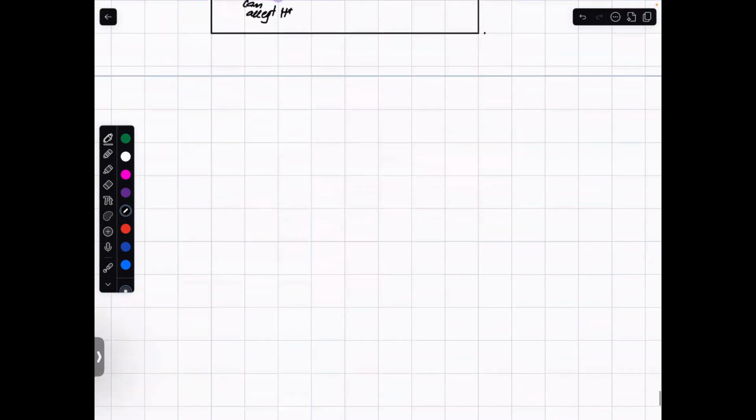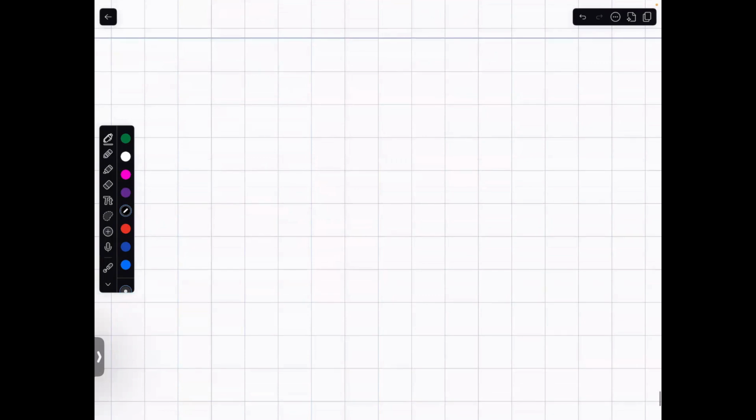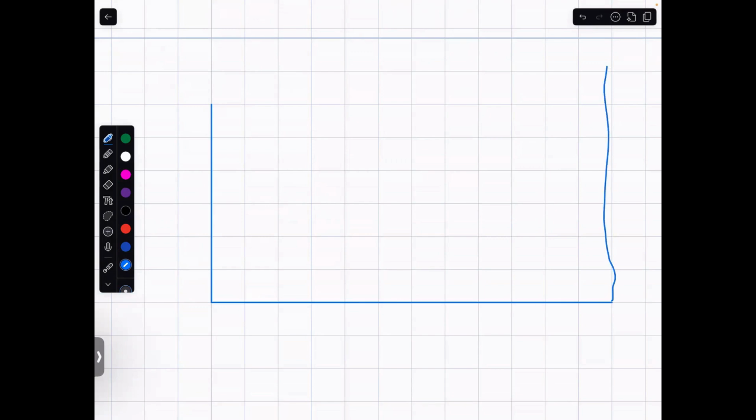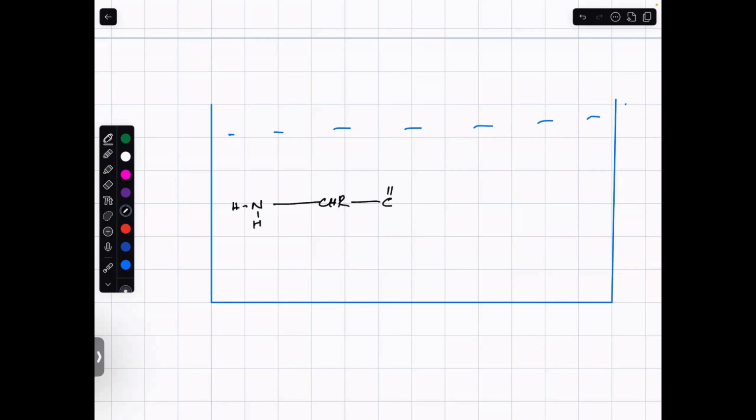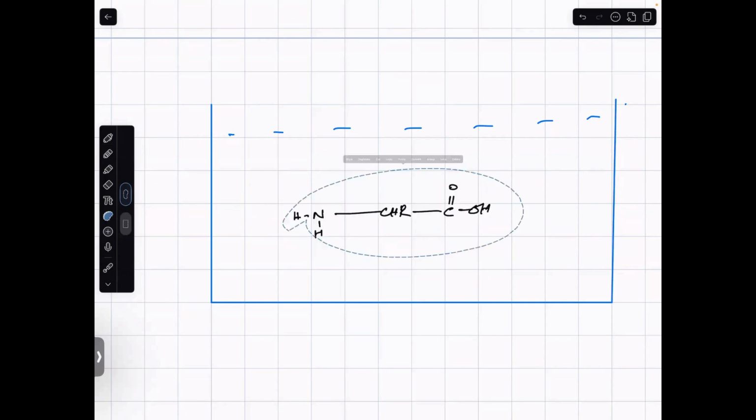Now, what am I going to do? Suppose this is your big container. I'm making a large container to explain. This contains the amino acid. And you know what happened? This solution has a certain pH.